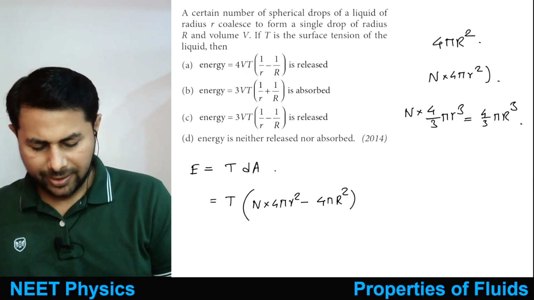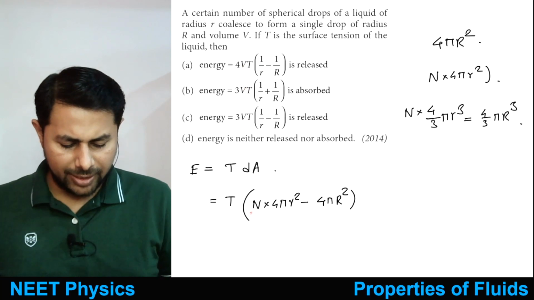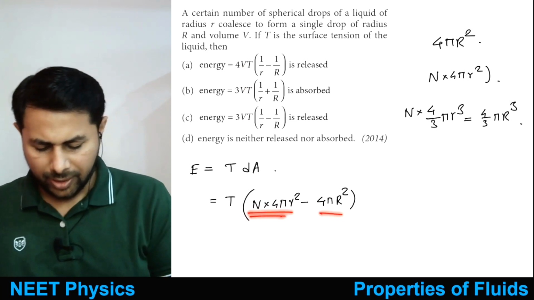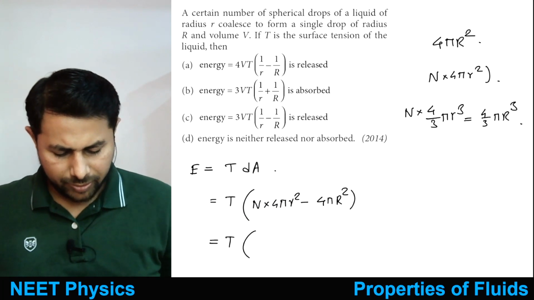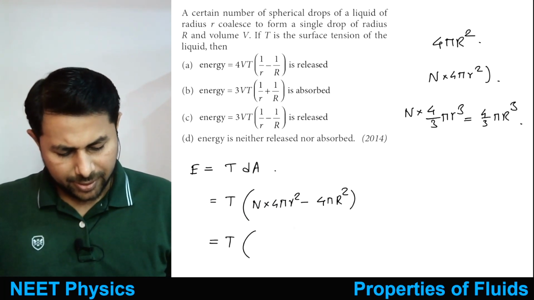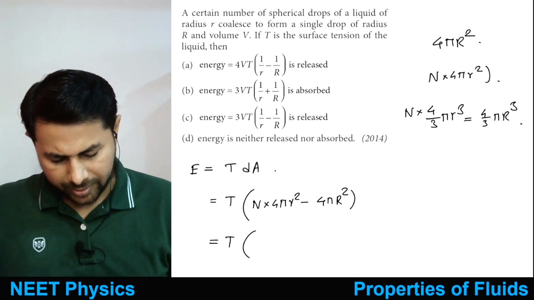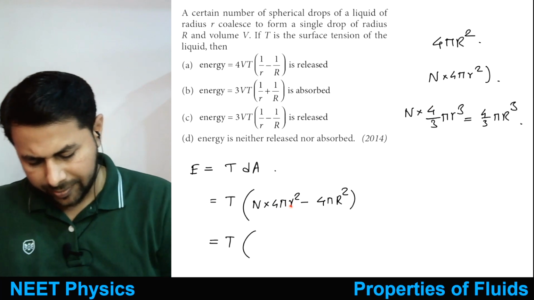As we can see in the options, volume is taken common, so we need to adjust the volume over here. How do we do that? For that we'll need to multiply and divide by 4 by 3 pi r here.